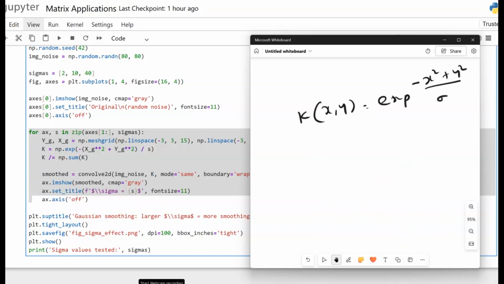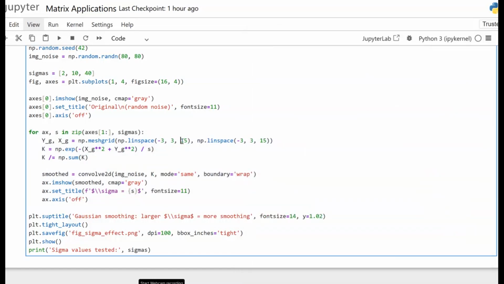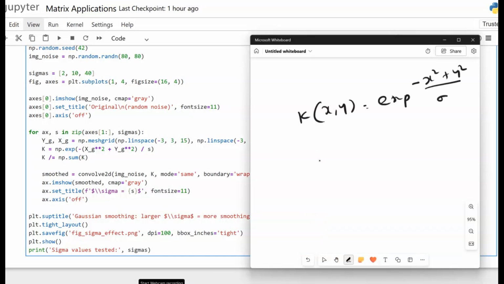It is defined on a fixed 15 by 15 grid, and it is normalized so that the sum of k is equal to 1.